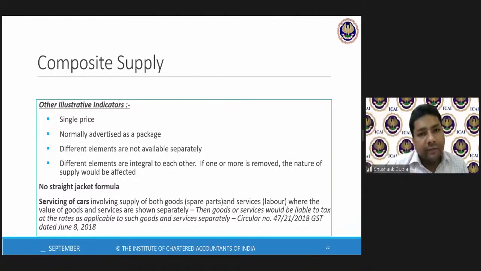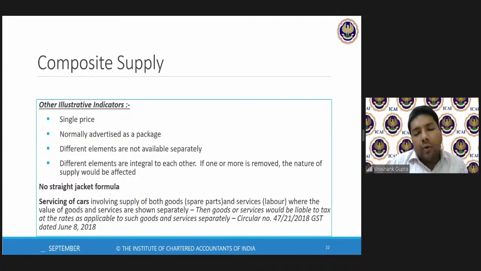So first of all, more than one supply. But in that case, usually what we see is engine oil, separate amount mentioned, separate tax applicable on engine oil, billed. Brake oil, separately charged, separately taxed at the rate of brake oil, separately billed. Services, separately billed, separately taxed at the rate of service.